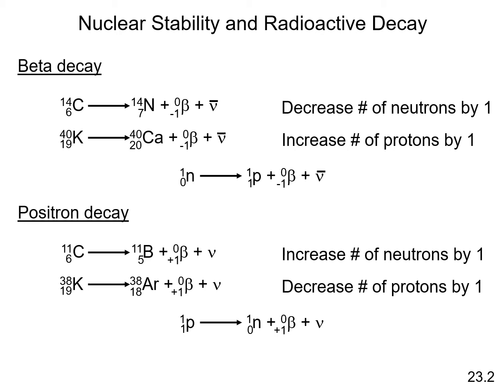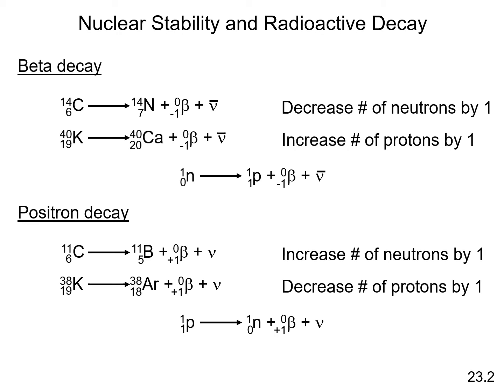So there is a decrease of neutrons by 1, and an increase of protons by 1. Just like in these examples, carbon-14 into nitrogen-14 plus the beta electron, and potassium into calcium. Again, this is a transmutation, meaning a new element is formed.